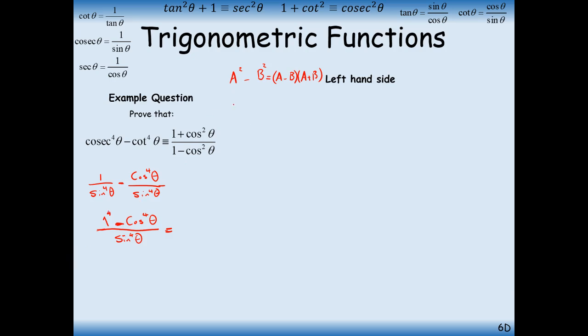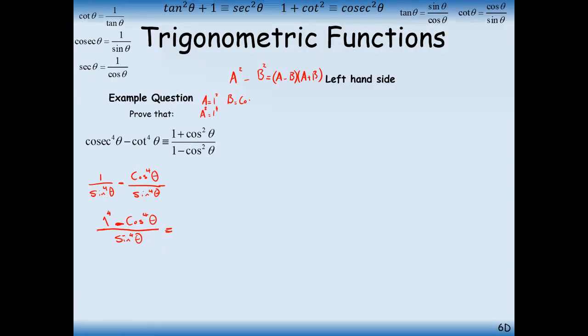We can think of a being 1 square, so a square will be 1 to the power of 4. And we can think of b being cos square, so b square would be cos to the power of 4.